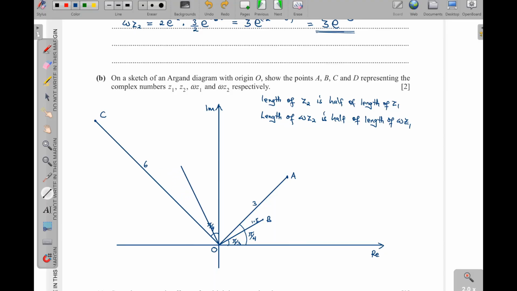Then I'll go to 120 there. So this point here is D, which is 3 units. You see? And here, remember it is 120, so this one is pi over 6. We are adding it on this 90. So that is going to be our Argand diagram.